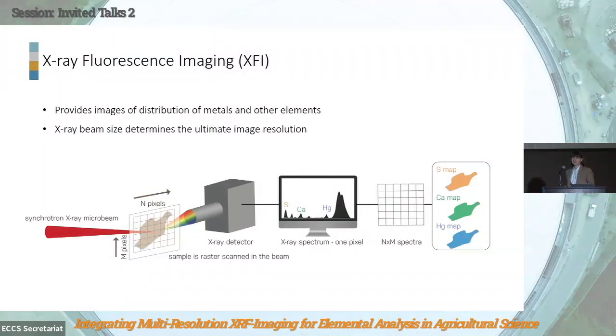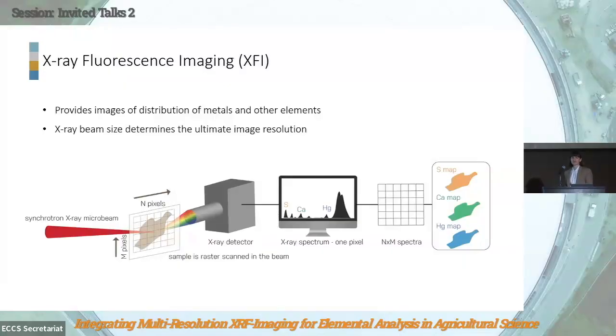So how are these X-ray fluorescence images built? The synchrotron beamline components would deliver a monochromatic small beam onto the sample, and the sample would be rastered in front of the incident beam. The emitted X-ray fluorescence photons at each pixel or step would be collected or measured by an X-ray detector.